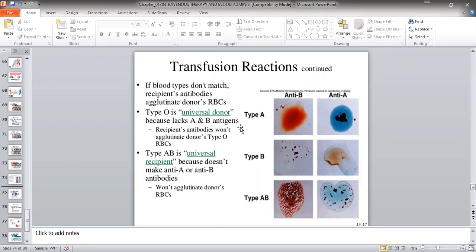I want to recap something again. What you must do to determine the client's baseline before starting the transfusion is take vital signs, right?